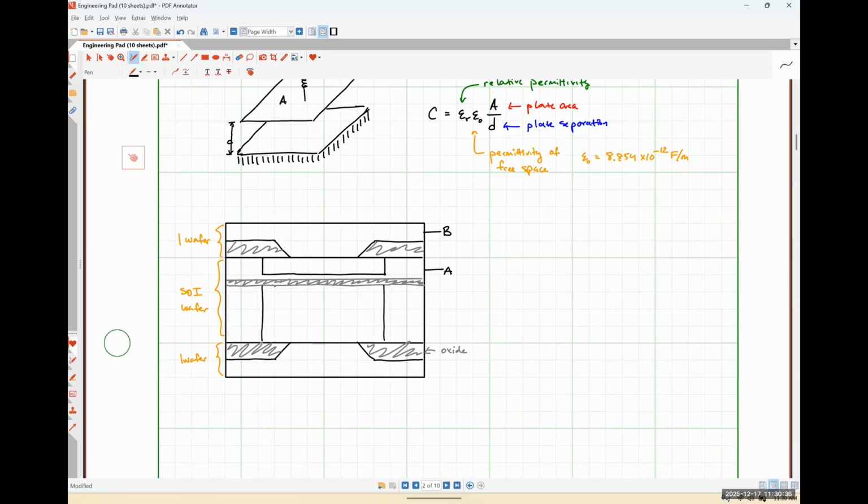And then I might have deep reaction ion etched this part right here, leaving me with a proof mass that is suspended in place. Right. And this terminal down here will be part C. Okay.